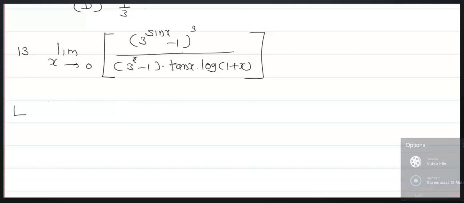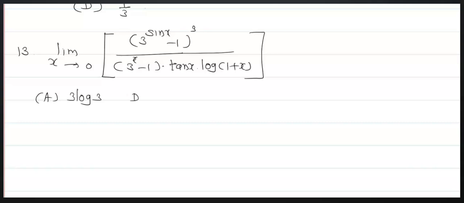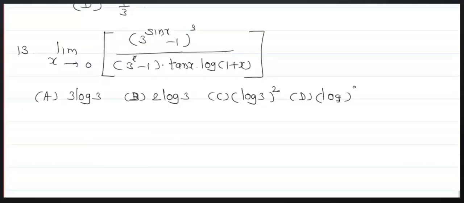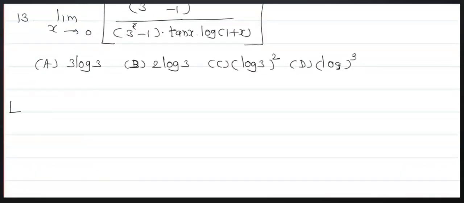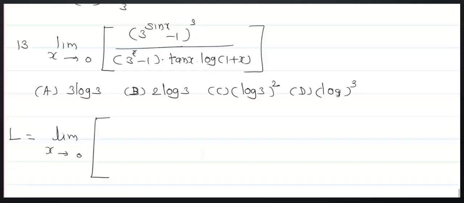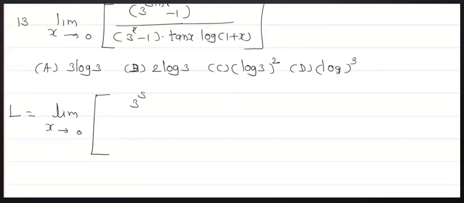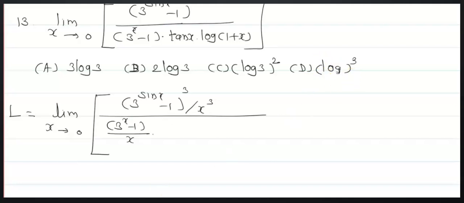Now see this. The options are A is 3 log of 3, B is 2 log of 3, C is (log of 3) bracket square, and D is... I will see the last option. I will make the correction in that.